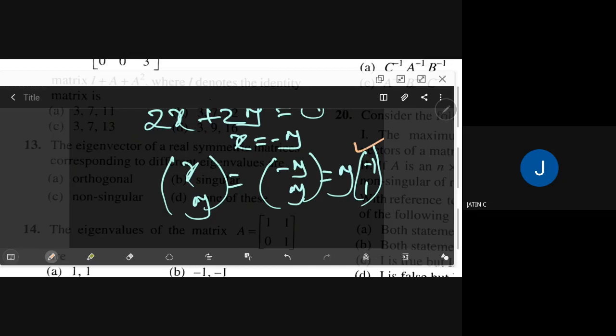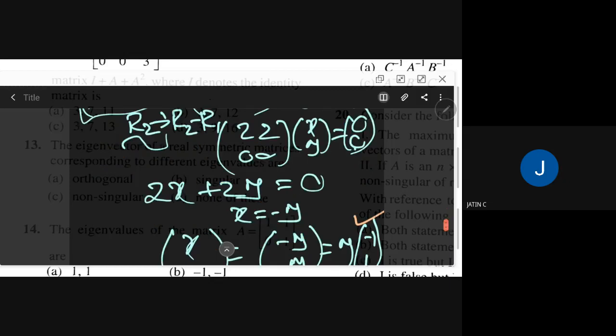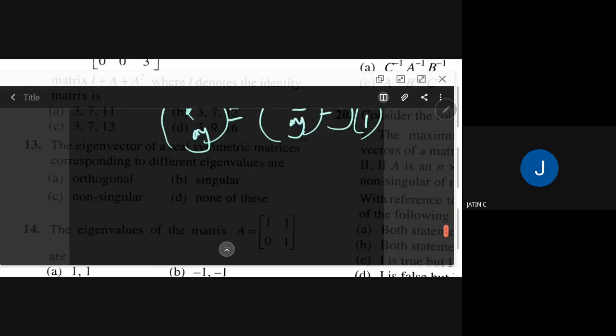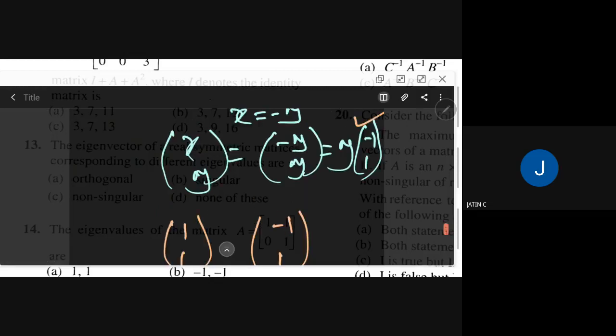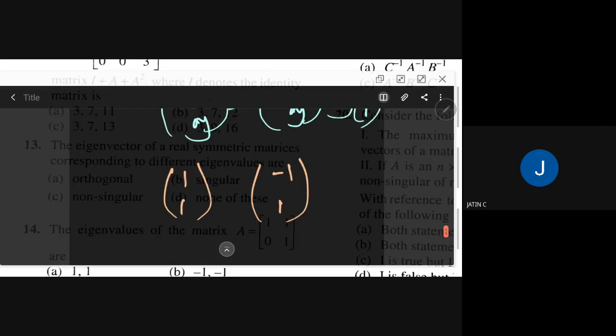Another eigenvector here is minus 1 1. So one eigenvector is 1 1, another eigenvector is minus 1 1. 1 1 corresponds to 2, and minus 1 1 corresponds to minus 2.